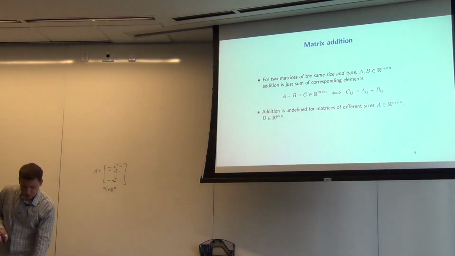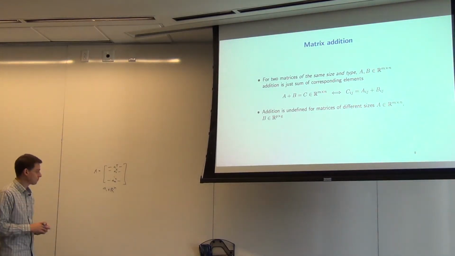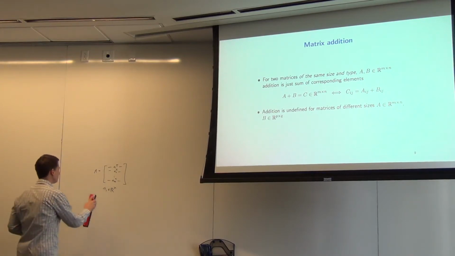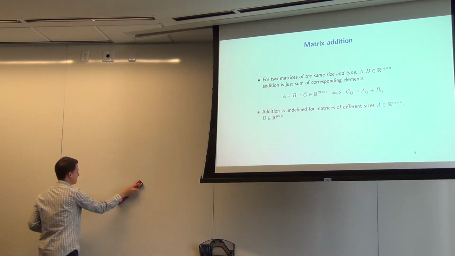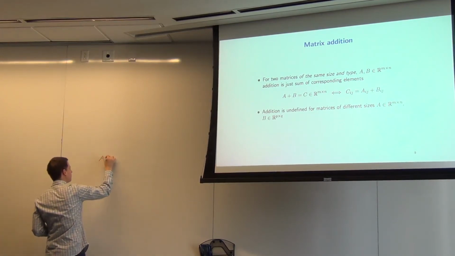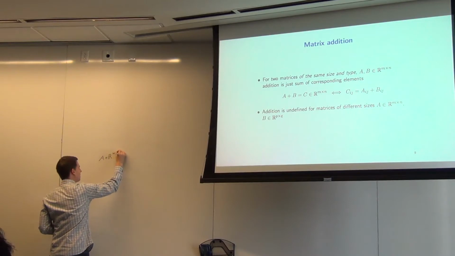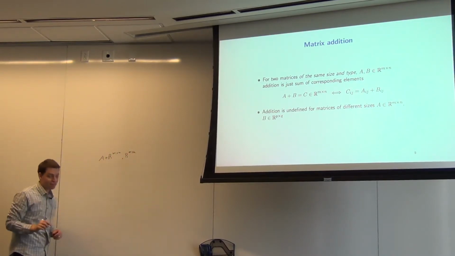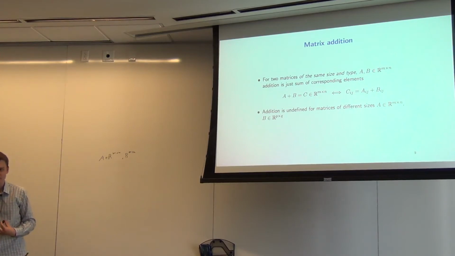Okay, now let's talk about some basic operations for matrices. A very basic operation is addition. If I have two matrices, A, m by n, and B, also m by n, they have to be the same size, otherwise it doesn't make sense to talk about addition.